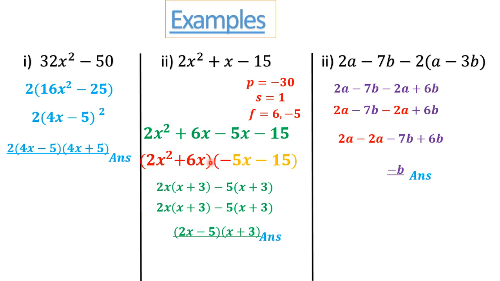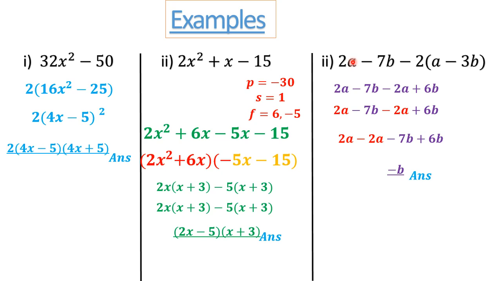If you are given 3 terms and the highest power is a 2, just know that that is quadratic factorization. So there you find the product, sum, and the factors. Lastly, we looked at if you are given at least 4 terms. If there are brackets, first of all, simplify the brackets. If there are no brackets, you go straight into grouping the like terms.